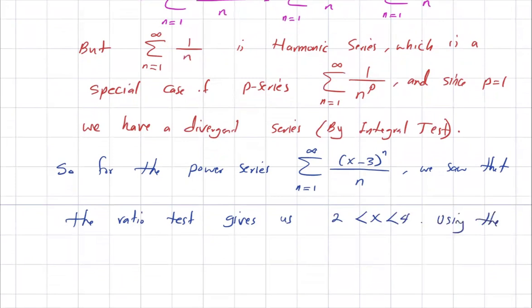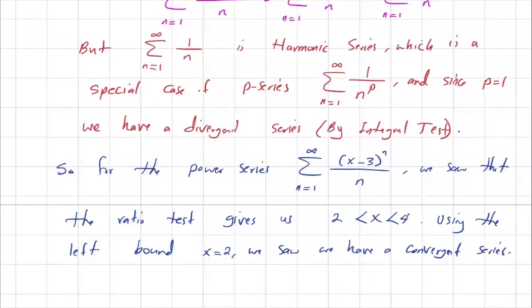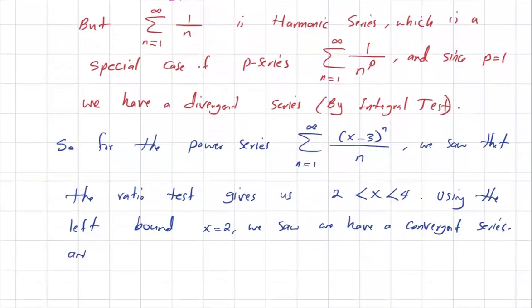Using the left bound, x equals 2, we saw we have a convergent series. And when x is equal to 4, we have a divergent series.